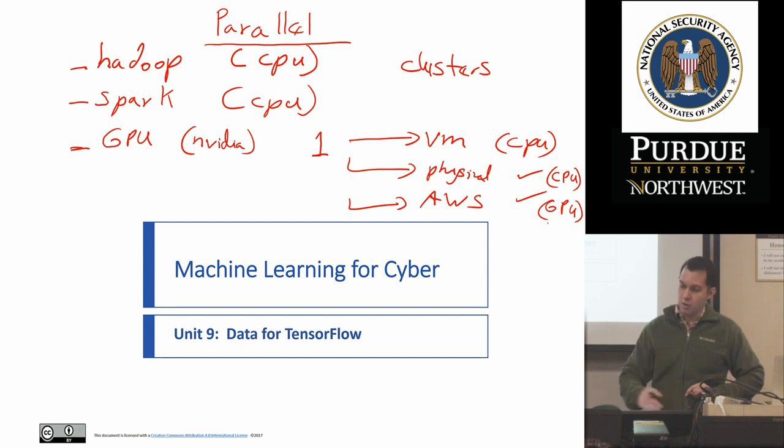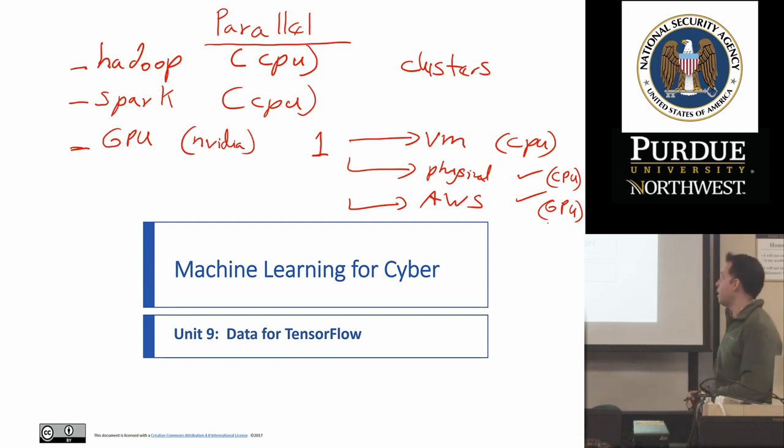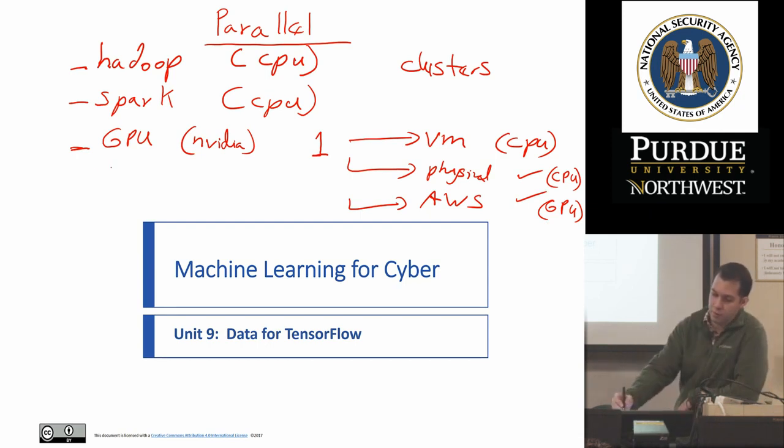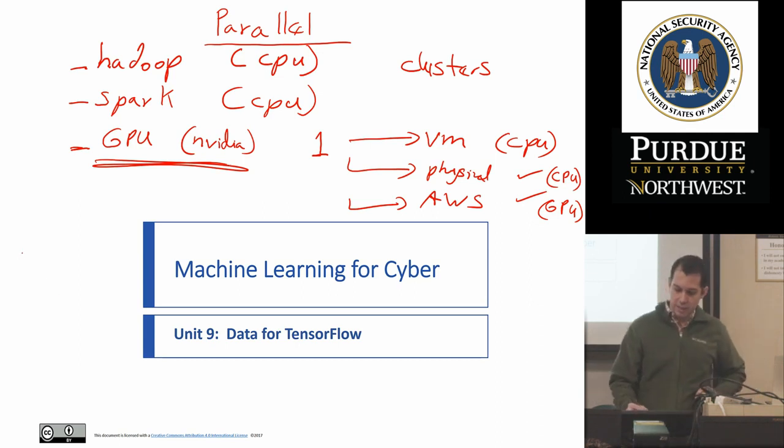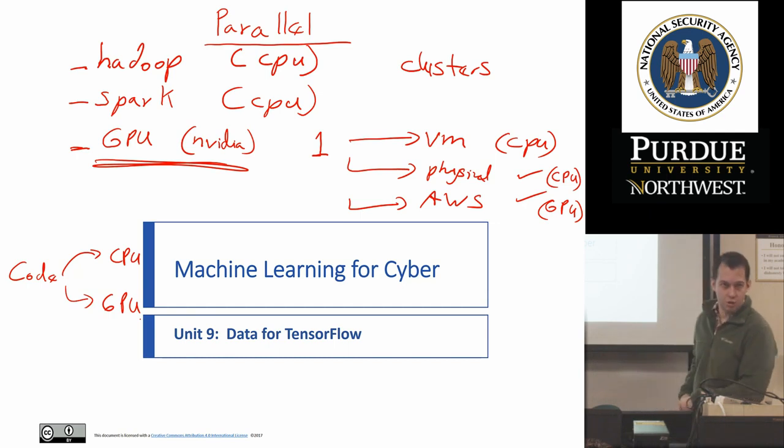Yeah. All right, so these are the different approaches for parallel computing, and as I said, we will focus mainly on this one, right? How we would do things on a GPU environment. Now, the great thing about this is that the code that we need, so let's say that we're going to write some code for machine learning, that code can work both in a CPU and a GPU without having to change anything, really.